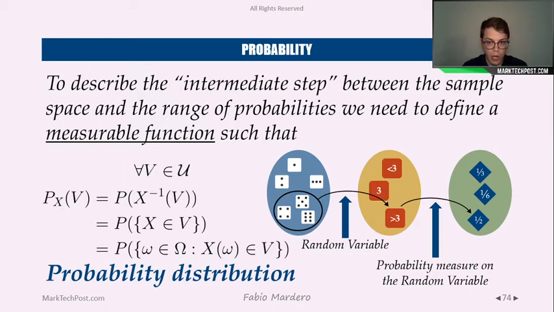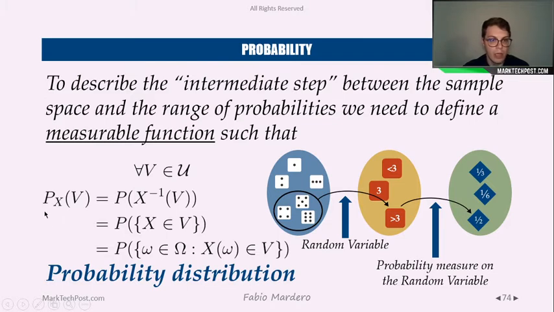But how? Remember that we have defined a measure in omega, our sample space. But the output of a random variable goes in this orange set. So we have to describe, using the probability measure, the probability as something in the blue space.